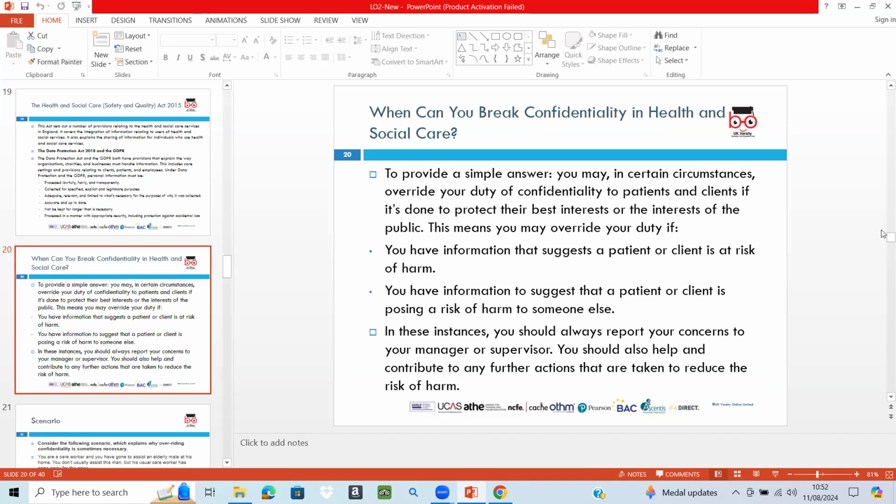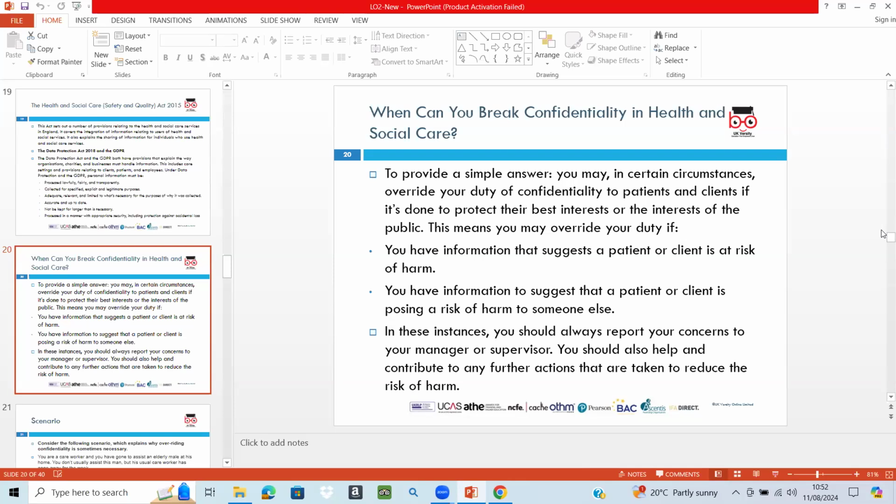Right. Here, we need to discuss when you can break confidentiality in health and social care. As we all know, confidentiality is crucial, but there are situations where it may need to be broken. One is protecting the best interest of the service user.